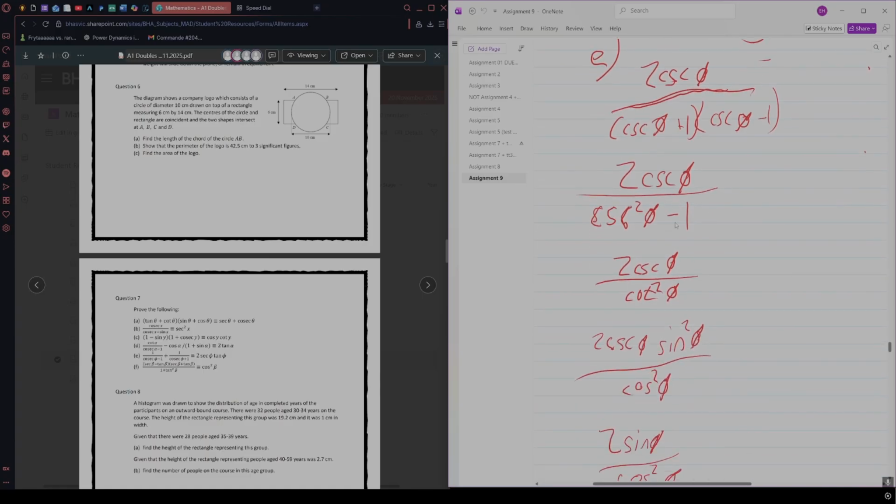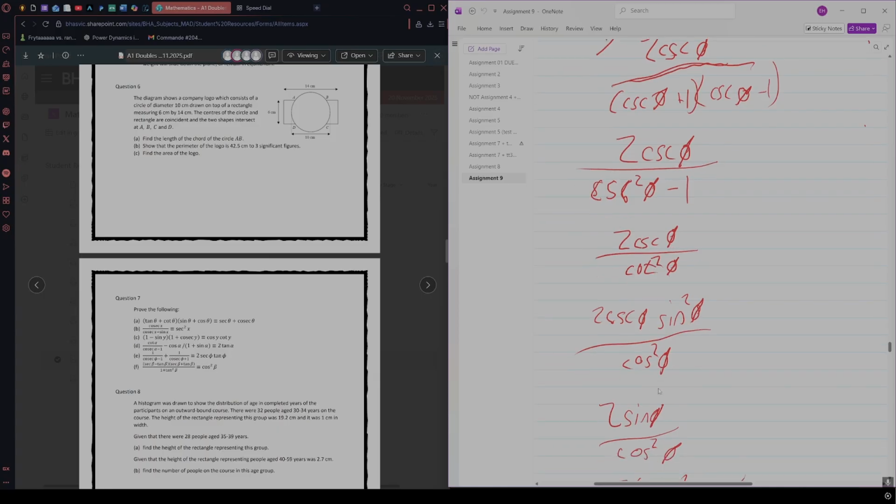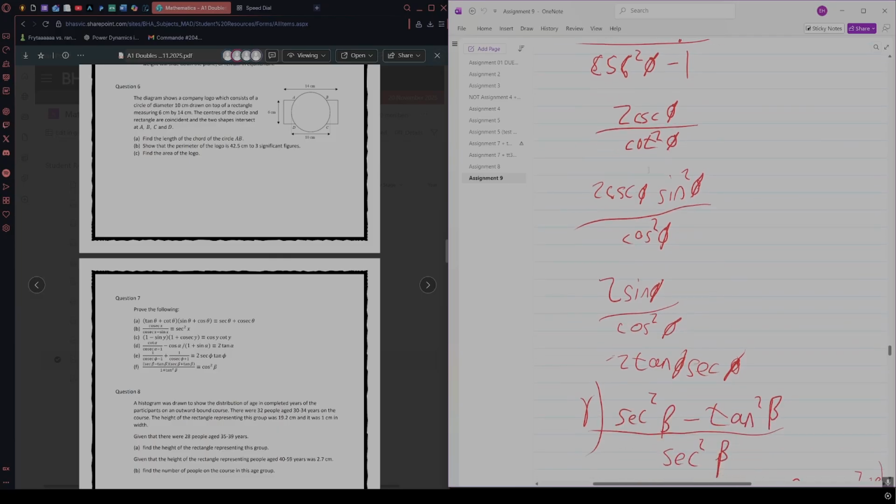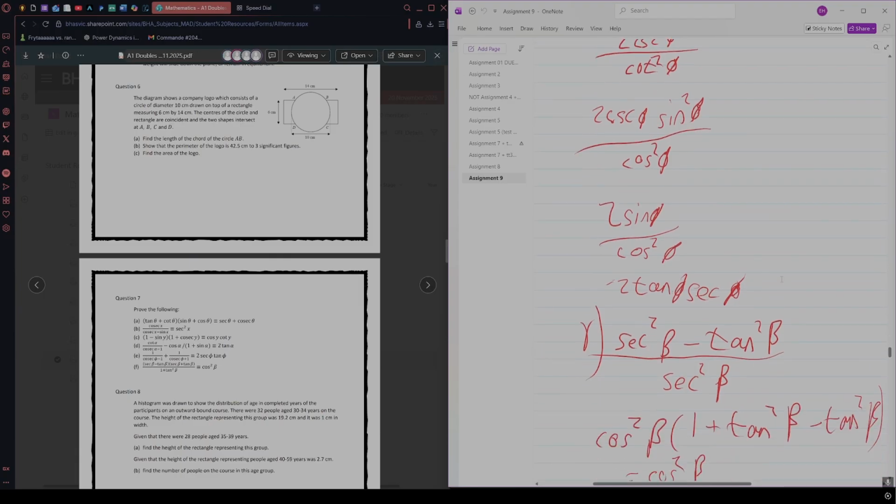Cosec squared minus 1 is cot squared, and I think that's the part that would have been difficult, and then that turns into cos over sine, and the reciprocal is just sine over cos. So you get 2 cosec sine squared over cos squared. Cancel the cosec and the sine, just get 2 sine over cos squared, and that gives you the answer of 2 sec tan. I don't even know what this symbol is, but I had fun writing it.